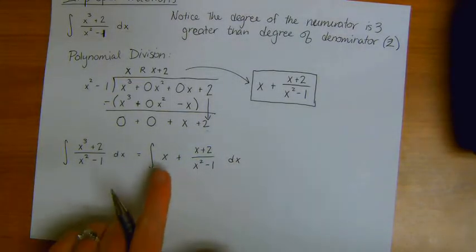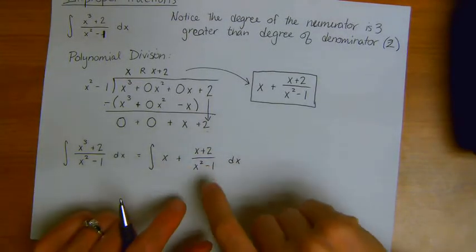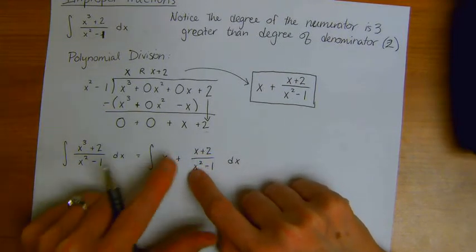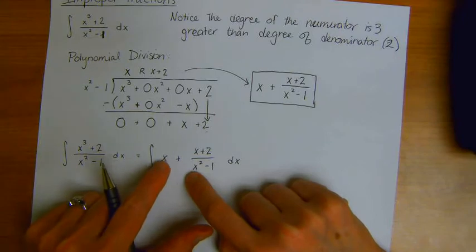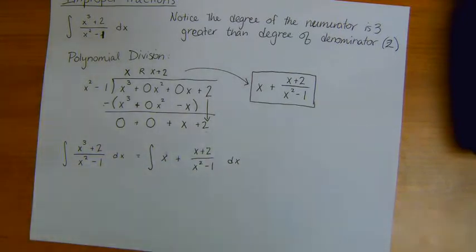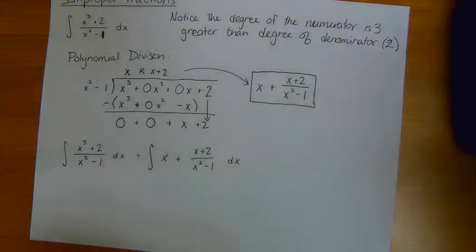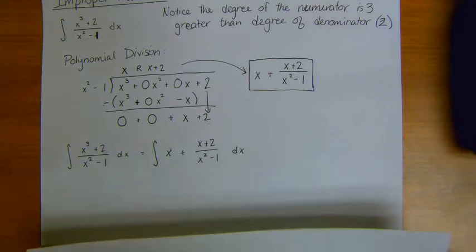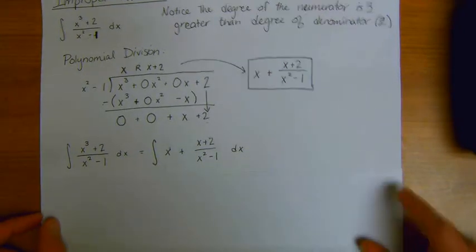And I can break this up into two separate integrals, but before I get there, let's zoom in and look at the x. It's easy to integrate. I know how to integrate x. I'm going to make it 1/2 x squared. But this piece is harder to integrate. We're going to need to use the method of partial fractions just looking at this piece.